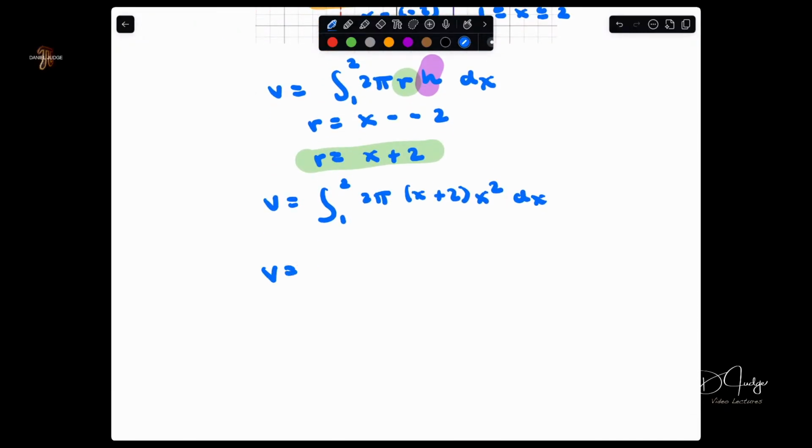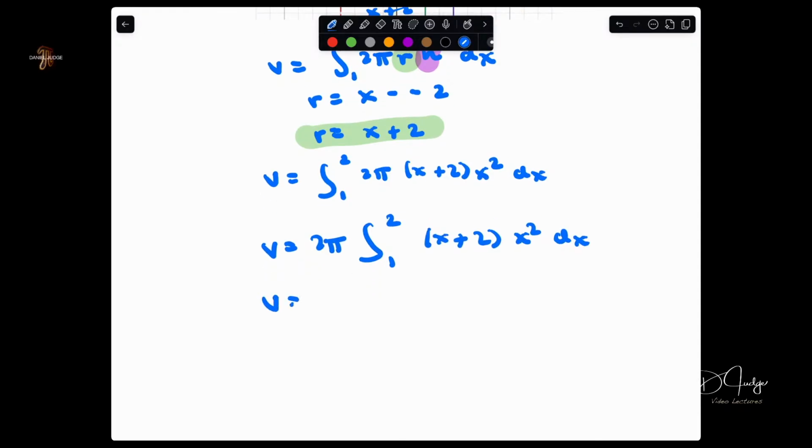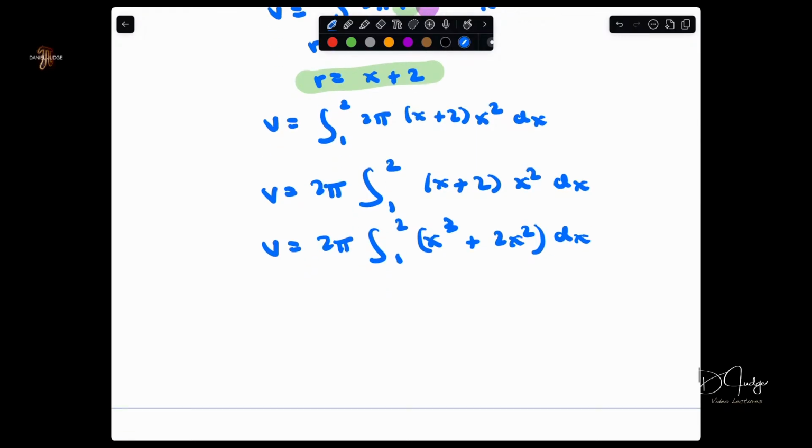Let's do some algebra. Pull out the 2 pi. Get now x plus 2, x squared, distribute. 1 to 2, x cubed plus 2x squared dx. Distribute. All right, let's integrate.